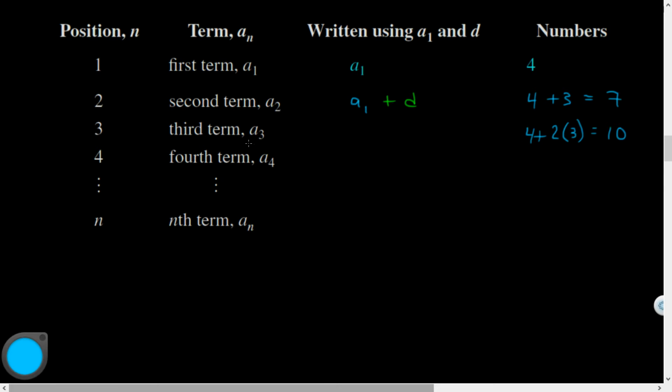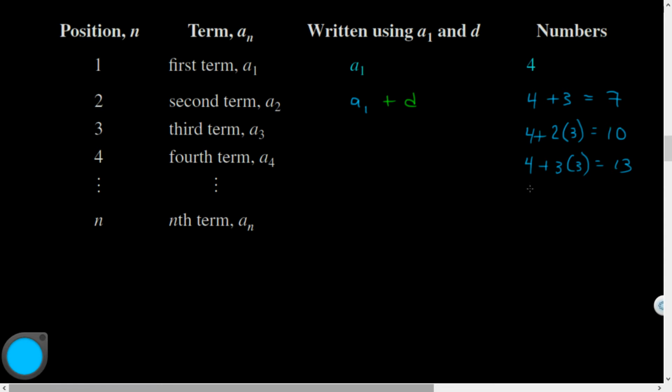So that would have been my third term. For the fourth term, I would have done 4, and I would have added 3, then added 3, then added 3, a total of 3 3s. So that's 9 plus 4, which is 13. And notice 7 plus 3 is 10, 10 plus 3 is 13. This does appear to be continuing as a pattern.